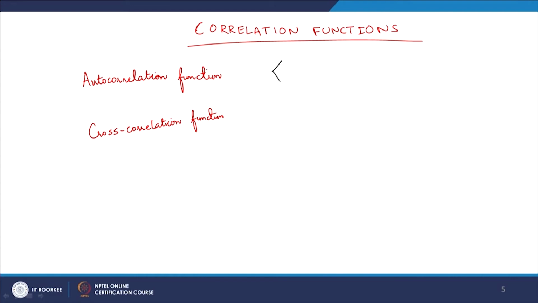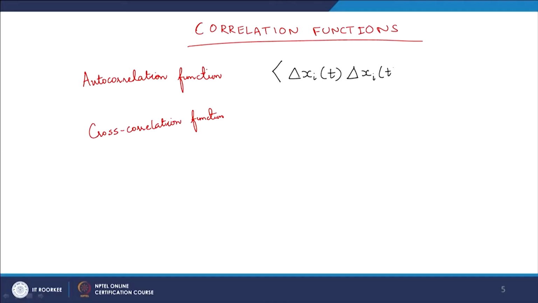So, the autocorrelation function is defined as follows. It is defined for the same property, as delta xi(t) and delta xi(t prime), that characterizes the magnitudes of fluctuations at two different time points, and how they are correlated.